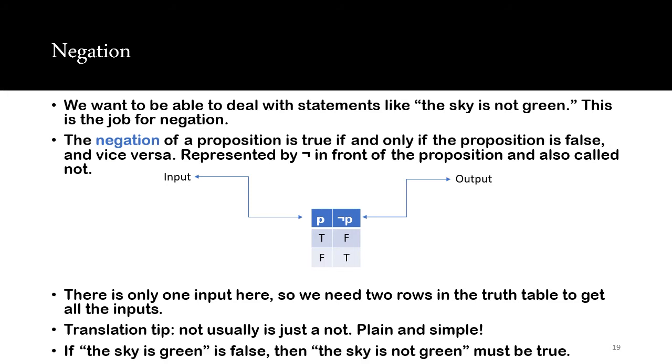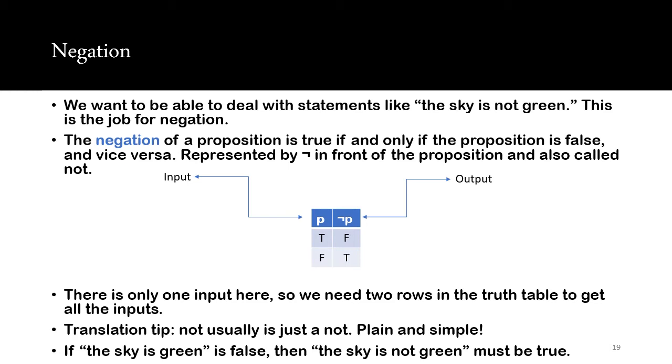So if the sky is green is false, the negation of our statement, then the sky is not green must be true. So this is a true statement because the sky is green is a false statement.